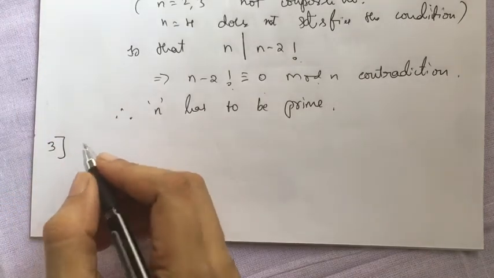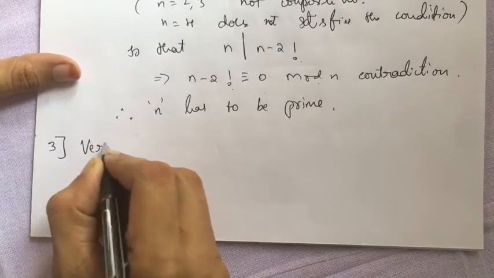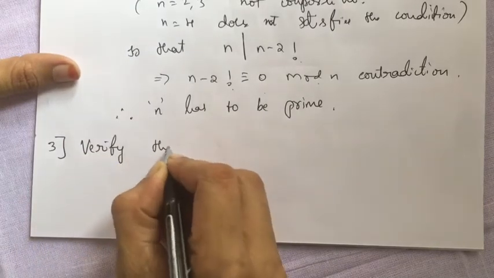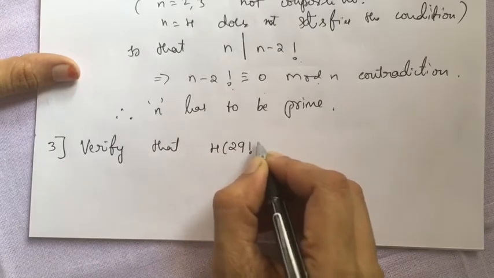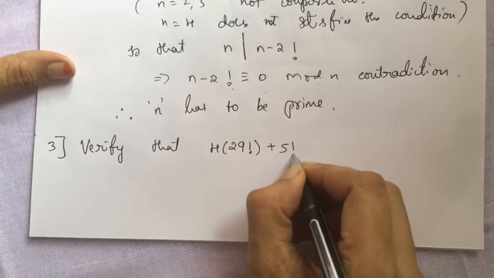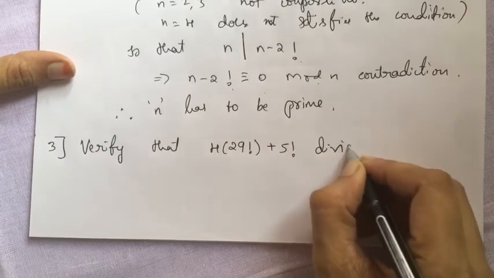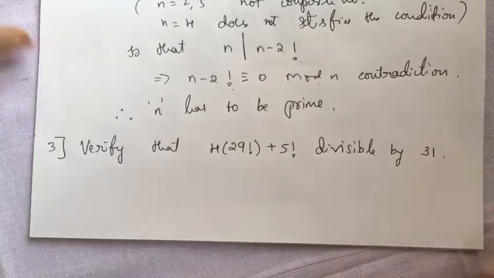It says, verify that 4 into 29 factorial plus 5 factorial is divisible by 31.